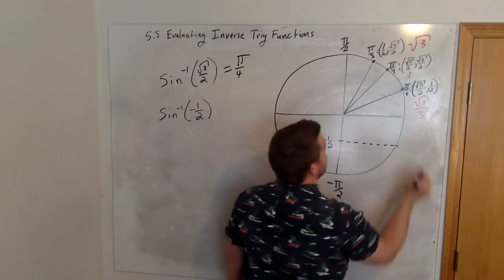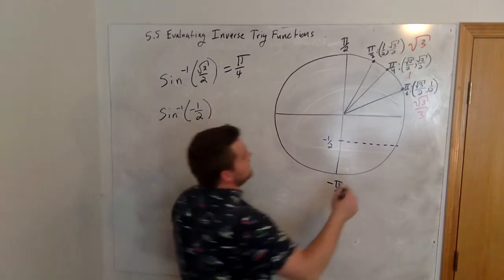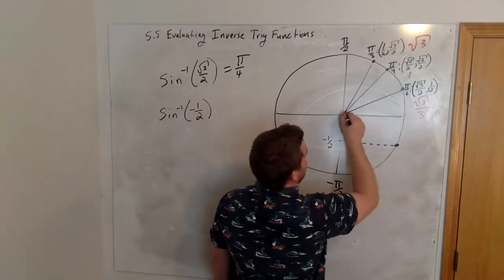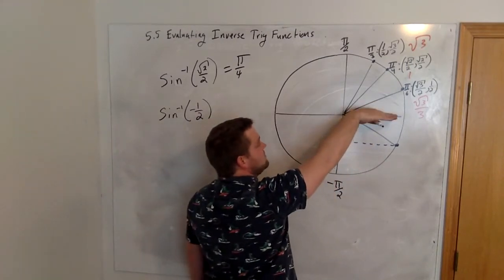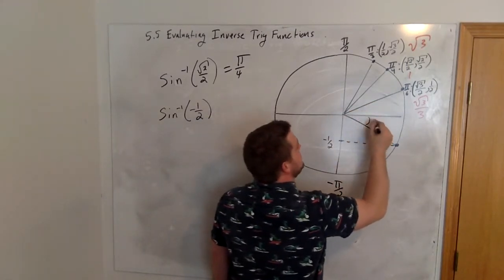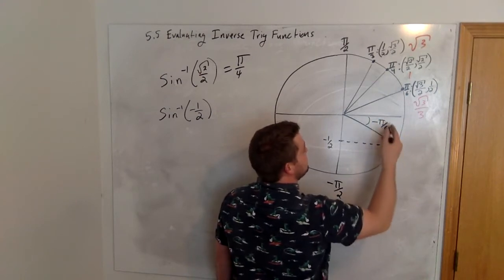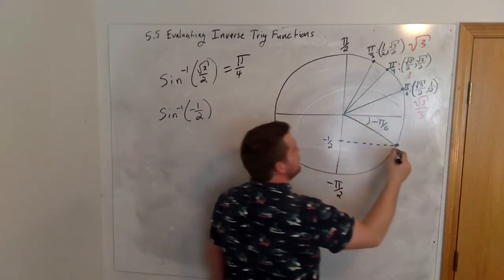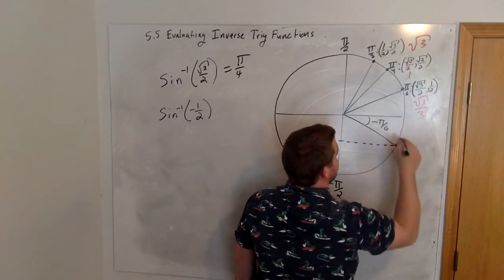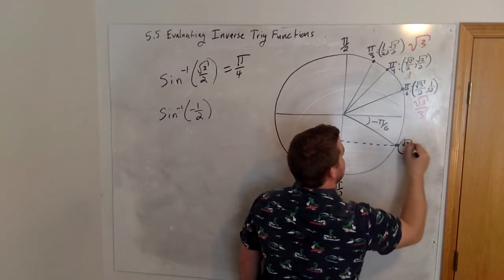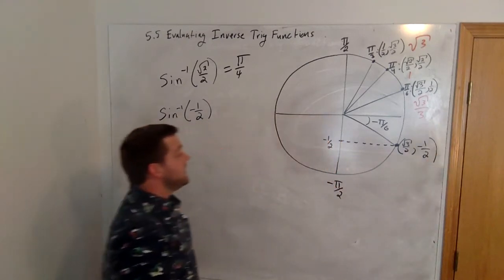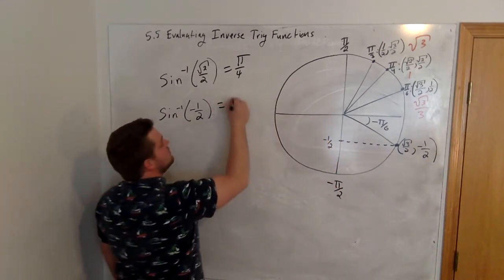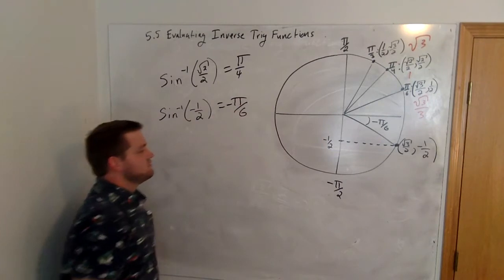So we want to think about this angle right here. If this is pi over 6, this here will be negative pi over 6. If I travel negative pi over 6 radians, we'll still have an x-coordinate of root 3 over 2, and a y-coordinate of negative 1/2. So the answer is negative pi over 6.